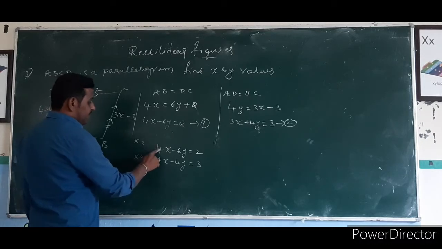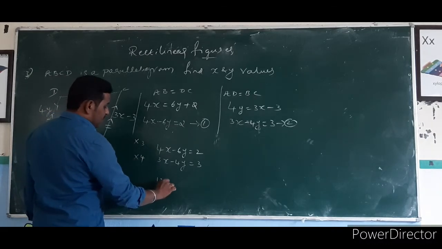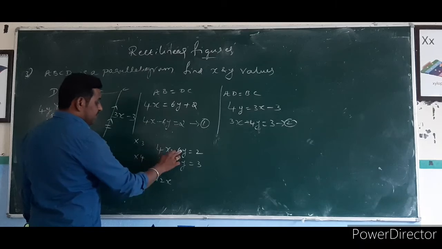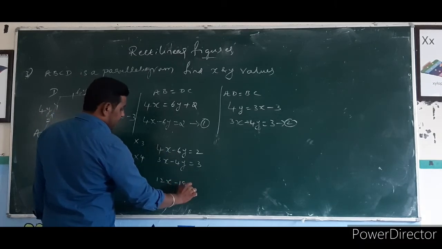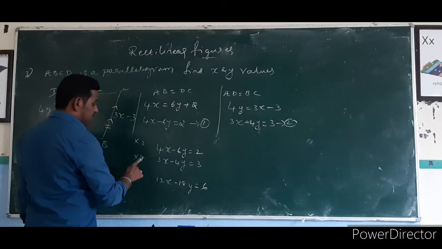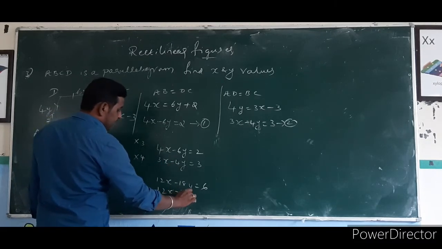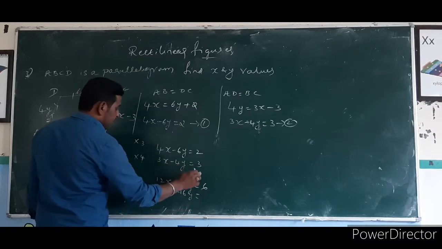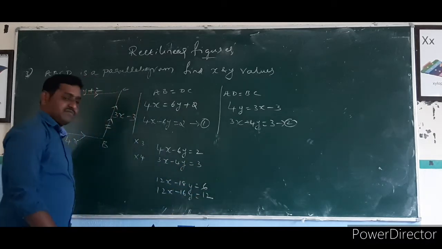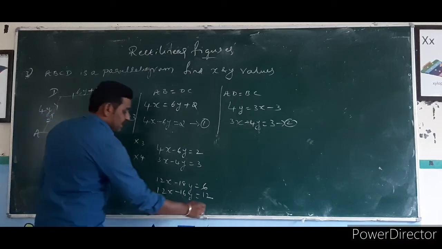What will you get? 3 4s are 12x and 3 6s are 18y. 3 2s are 6. 4 3s are 12x. 4 4s are 16y is equal to 4 3s are 12. Subtract.